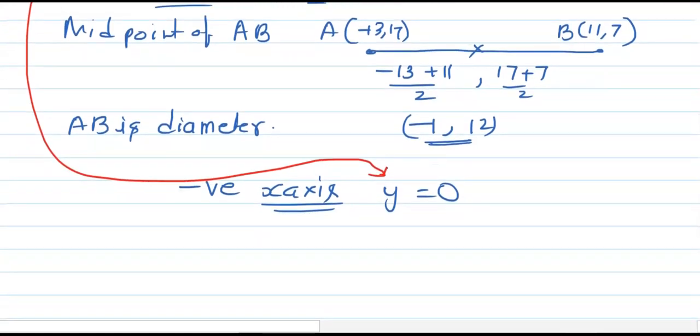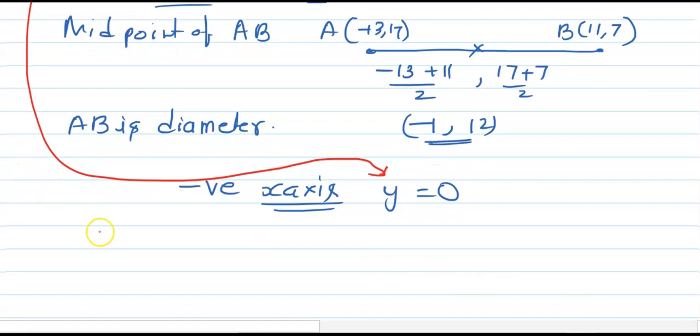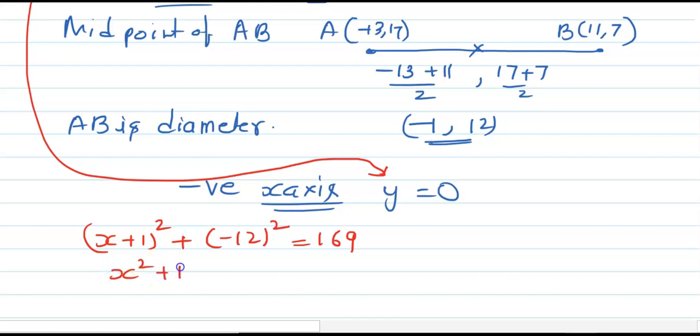So what do we get? It is x plus 1 whole square plus y is 0, so 0 minus 12, that is minus 12 square, and that is equal to 169. Okay, if you expand it, x square plus 1 plus 2x plus 144 equal to 169.